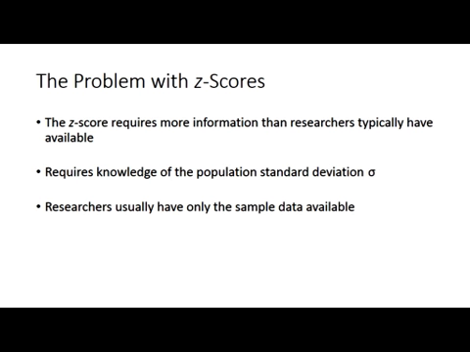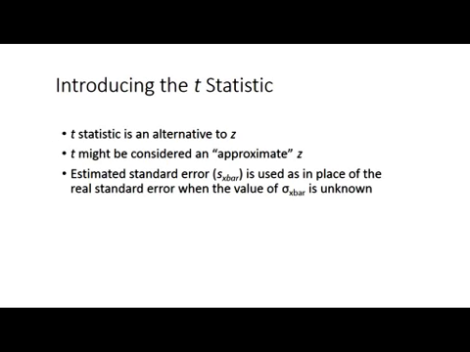But there are some problems with z-scores. Z-scores require more information than researchers usually have. We have to know our population mean, we have to know our population standard deviation, and researchers usually only have the sample data available. So that's why we're going to use something called a t-statistic, or t-test. A t-statistic is the alternative to a z, and a t-test might be considered an approximation of the z.